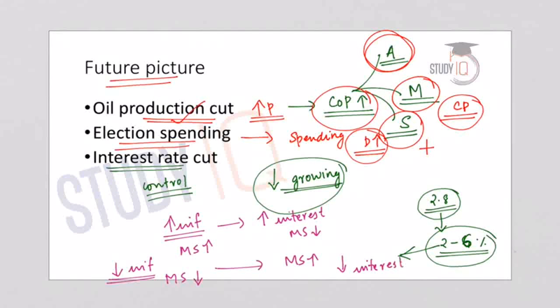Now we have seen that the inflation rates are within the limits, within 2 to 6%. So there is a chance for further reduction in the interest rate by the Monetary Policy Committee. So this is the future picture. Now we will have to look at the MPC meeting, which will happen very soon, and what the MPC is going to decide on the interest rates.